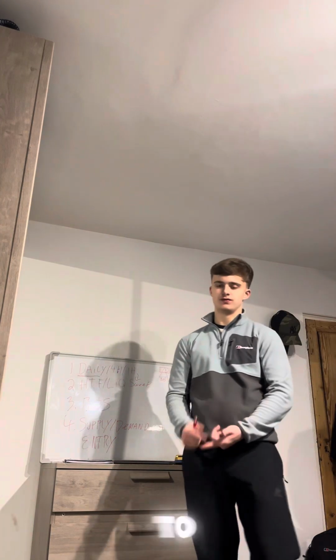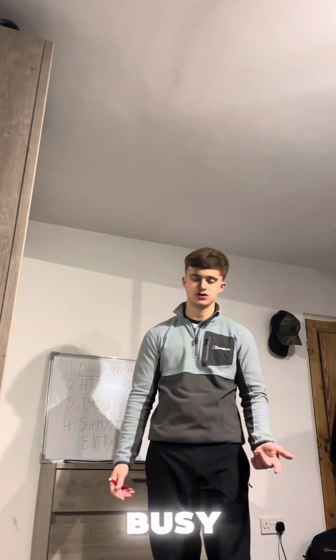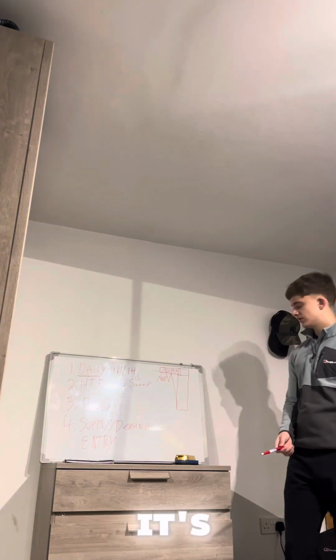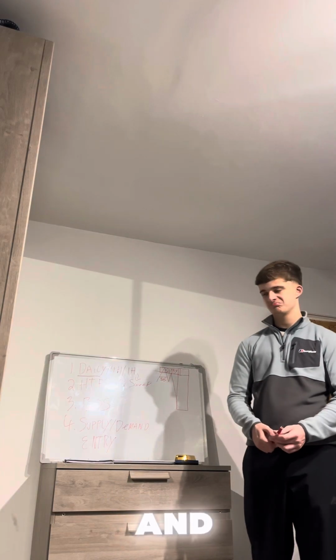Supply and demand, you might see this strategy play out, let's say, twice or 3 times a week, and this could bag you a 1 to 5, 1 to 6, 1 to 7, basically a 1 to 5 plus easily. Whereas if you were going to use a fair value gap, more than likely it's going to be a 1 to 3 or a 1 to 4 with a bigger stop loss and lower probability.